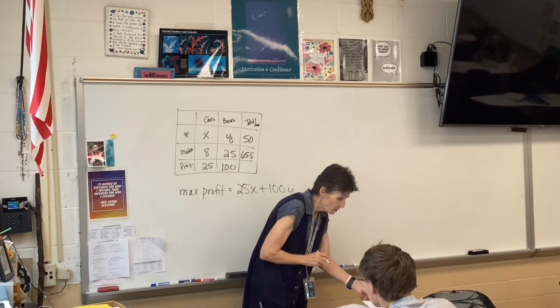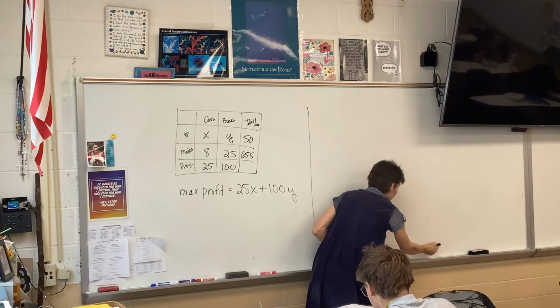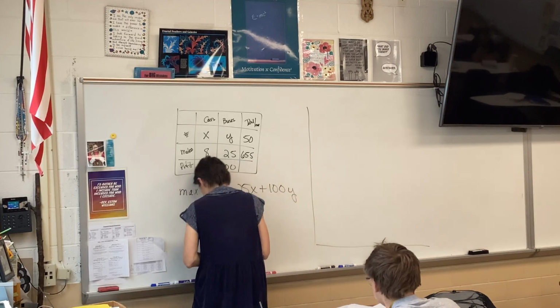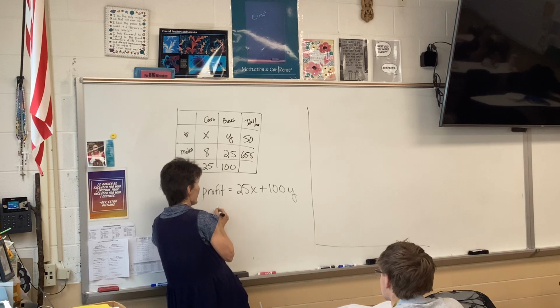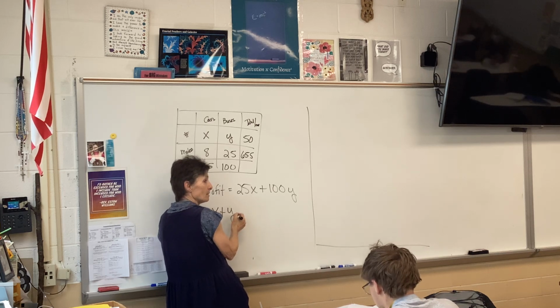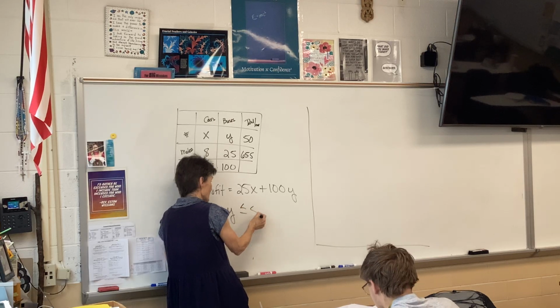Now, what am I going to be graphing? In a minute, I'm going to be sketching. What are my constraints? X plus y has to be what? Less than or equal to 50.